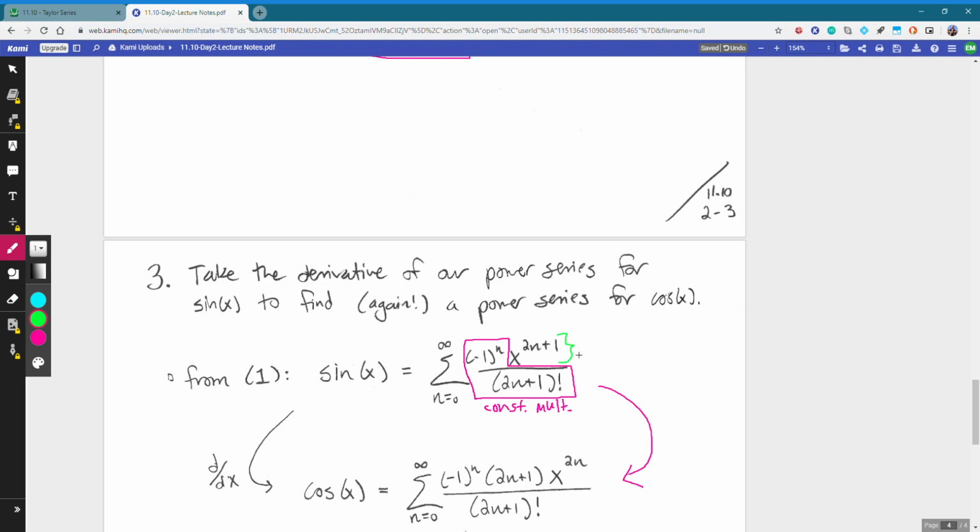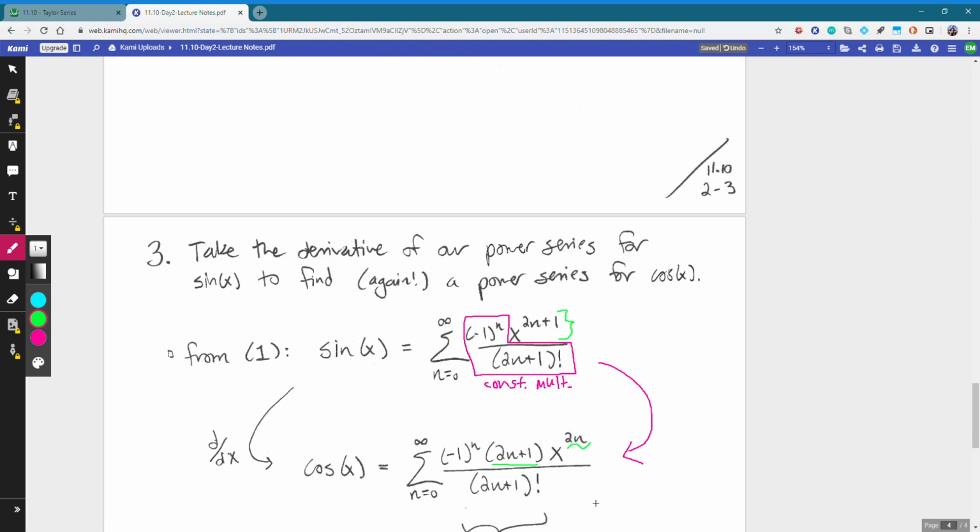Taking the derivative, just using the power rule, 2n plus 1 comes down. There we are. And our exponent drops by 1 from 2n plus 1 down to 2n. This is what we get after taking the derivative. But we can do a little bit of simplifying here. We have 2n plus 1 up top and 2n plus 1 factorial down at the bottom.